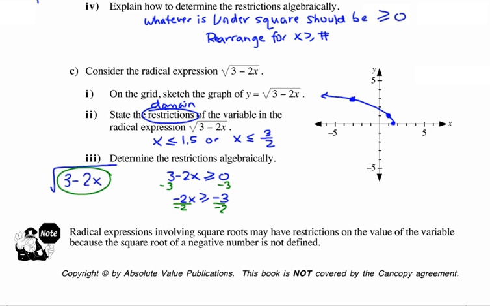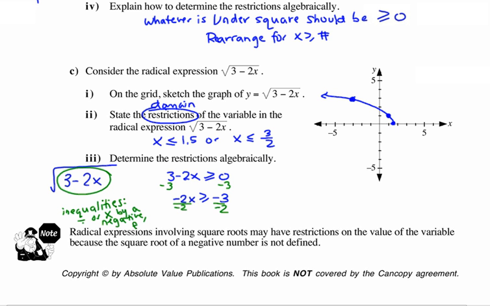Now do not forget, in inequalities, if we divide or multiply by a negative, it switches the direction of the inequality.